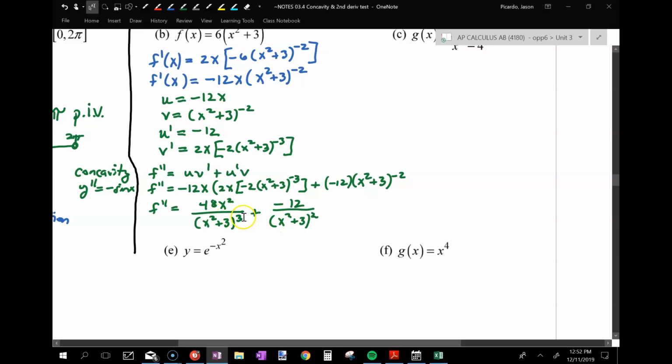Don't we like to put these two fractions together in order to do this? What's the problem here? The denominators are not the same, right? Well, if this is cubed, if I just multiply this by another x squared plus 3, I'll have it, right? So I'm going to multiply the top and the bottom by an x squared plus 3, and then it'll match that, and I can put them together. So if I do that, it looks like this.